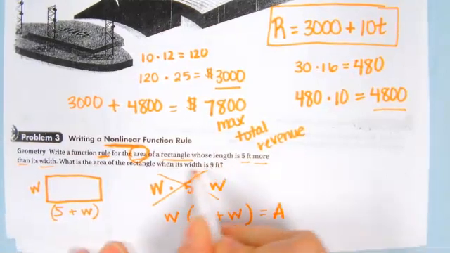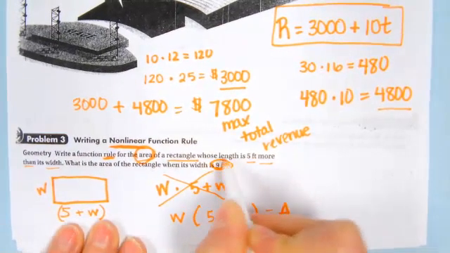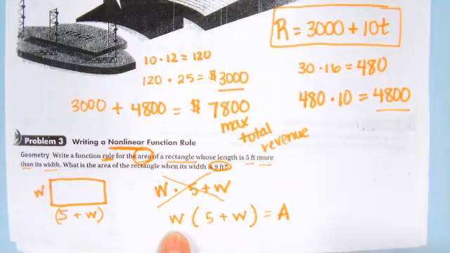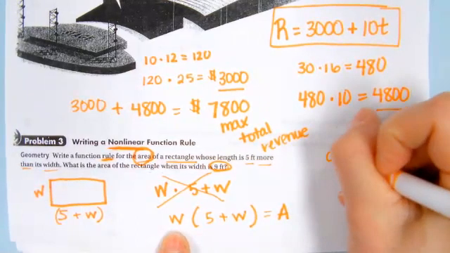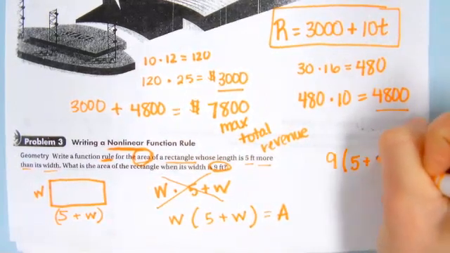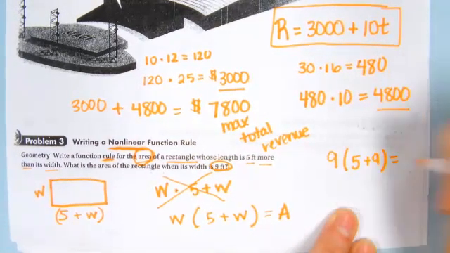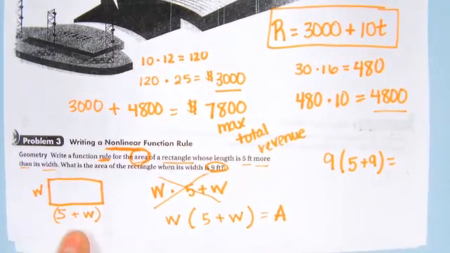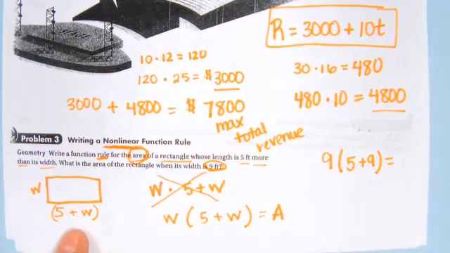All right, now it says if the width is 9 feet, right? Then what's the area? So all we have to do is put 9 in here. We would have to do 9 times 5 plus 9 equals what? Oh, and some of you do it in your head. You know this is 9. What's this then? If the width is 9, what's the length? 14.